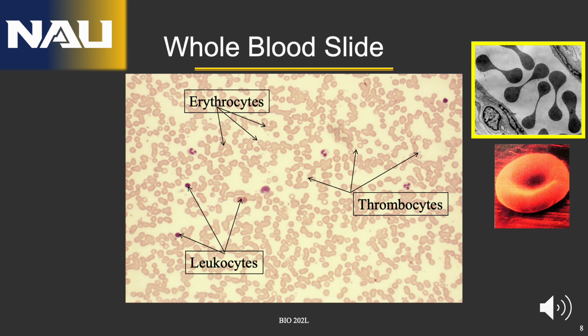The human body produces about 2.4 million new red blood cells per second. That's 2.4 million red blood cells produced to replace the ones that have aged out. And as those red blood cells age out, they are broken down by the spleen and liver, where their components are then recycled through the body.